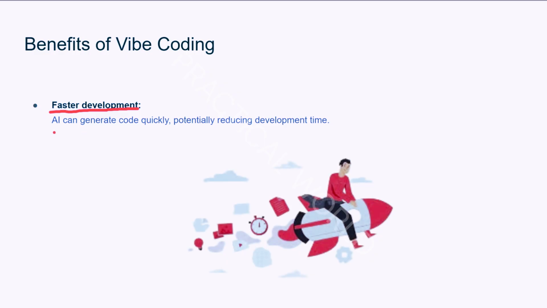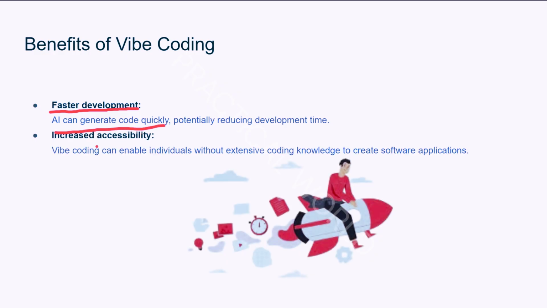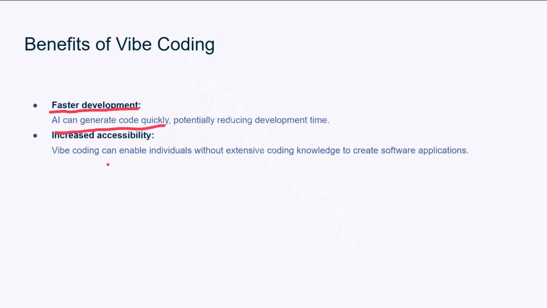Let's discuss the benefits of vibe coding. As you all know, it provides very fast development. How? Because it generates code very quickly. It increases accessibility. Vibe coding can enable individuals without extensive coding knowledge.